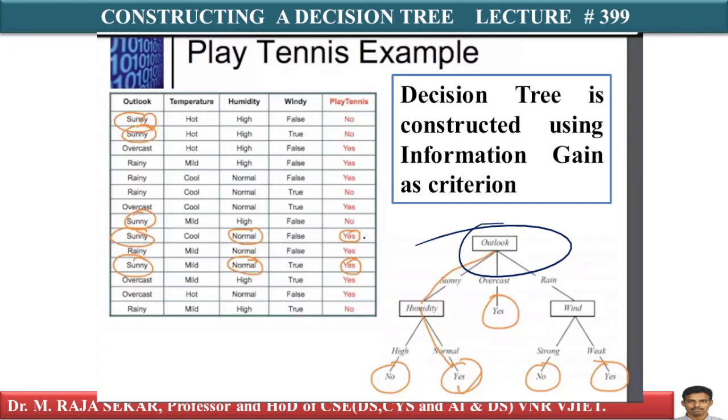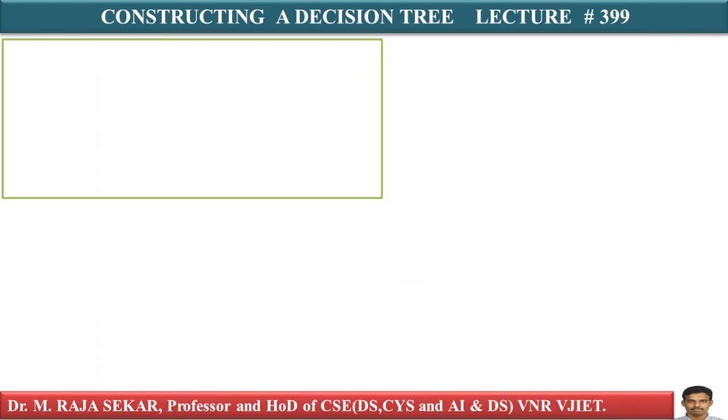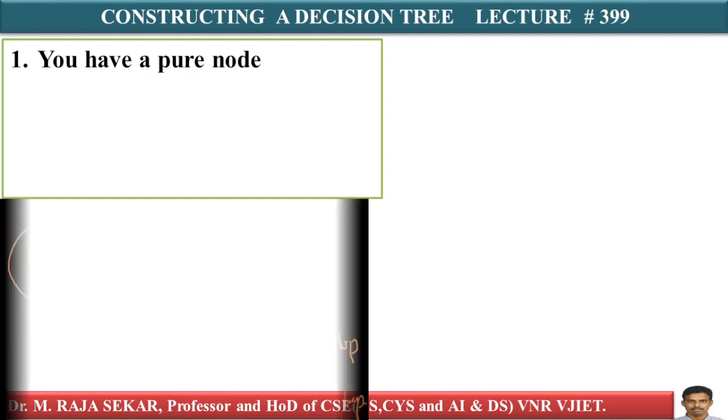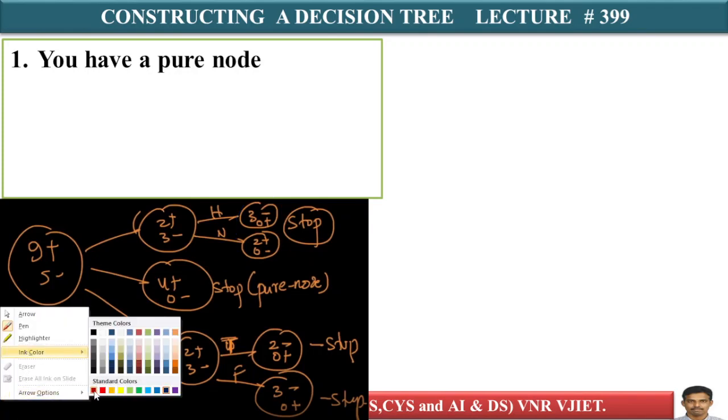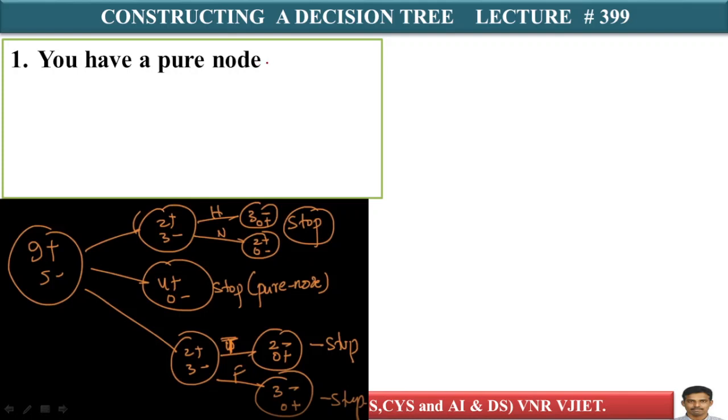Eventually, three things can happen. First one, if you have a pure node, stop growing the tree.